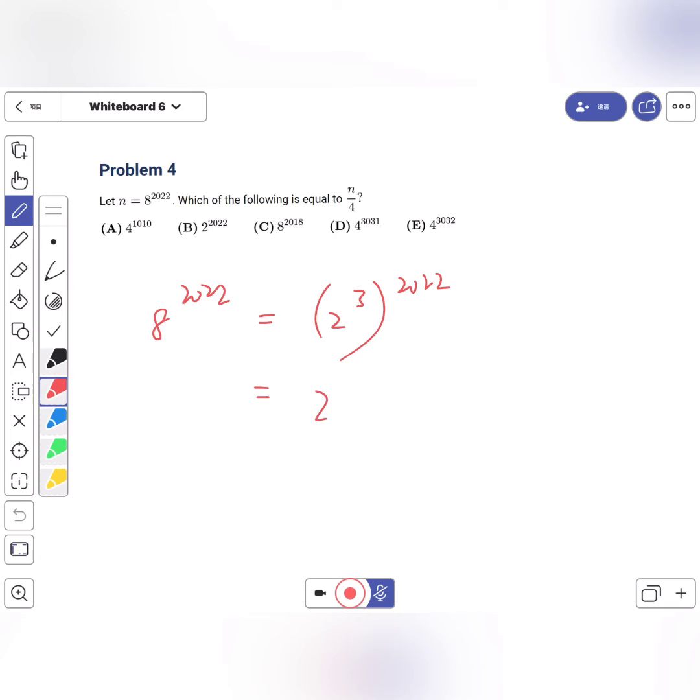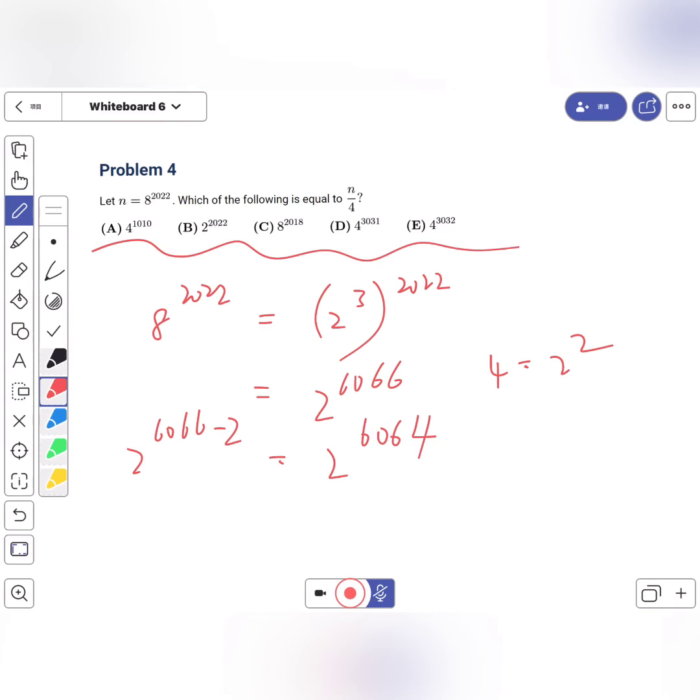Then we can multiply those together and get 2 to the 2026, and 4 is equal to 2 squared, so the answer is 2 to the 2026 minus 2, giving us 2 to the 2024 power. If we convert all of these into base 2 exponents, you're going to see that E is our answer.